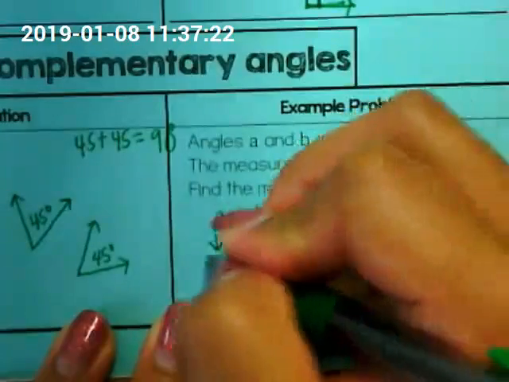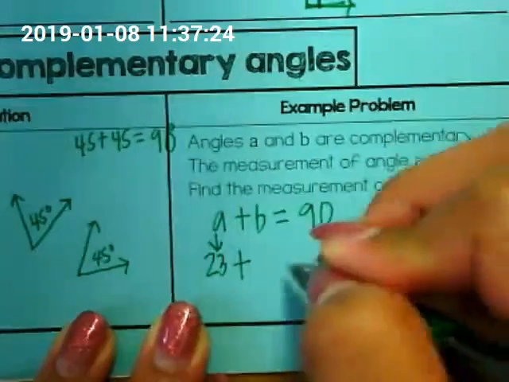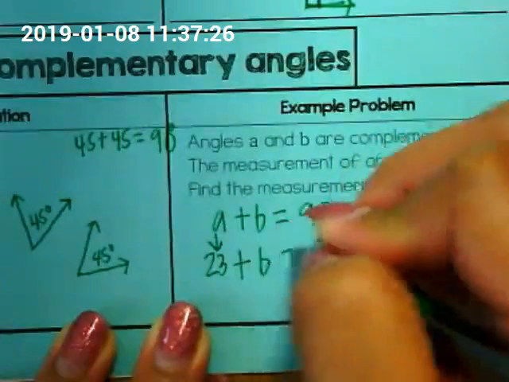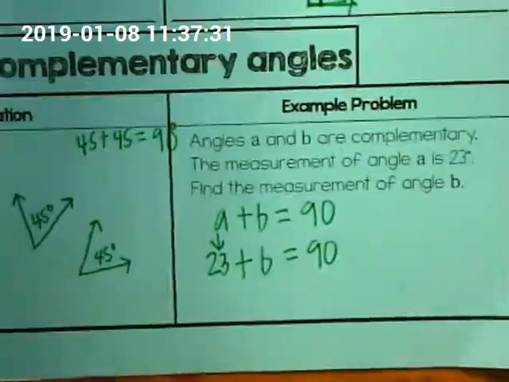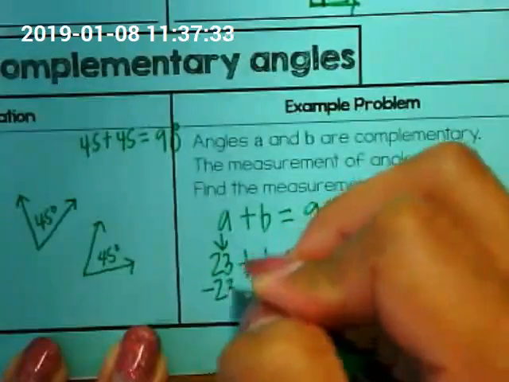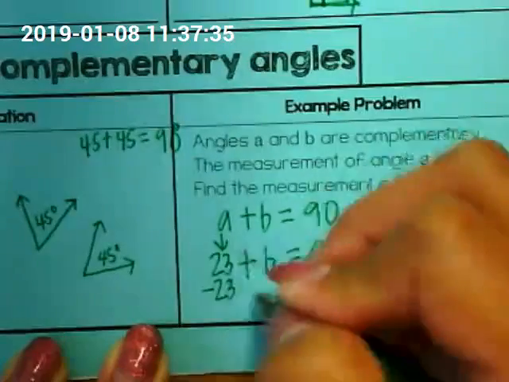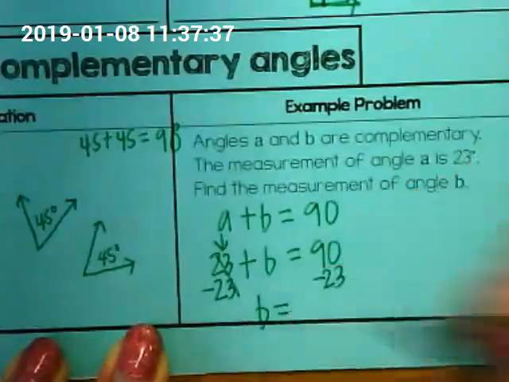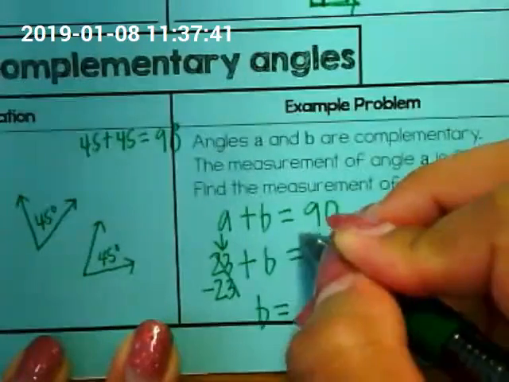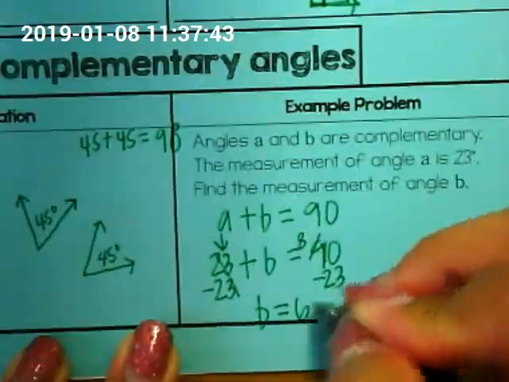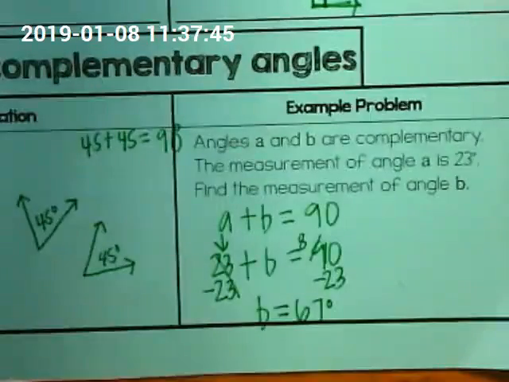A is equal to 23. So 23 plus B is 90 degrees. How am I going to solve for B? Subtract from 90. All right, subtract 23. And B is equal to 67 degrees.